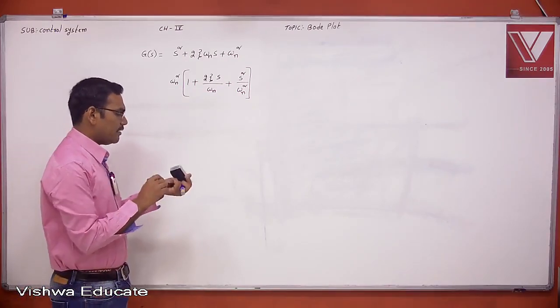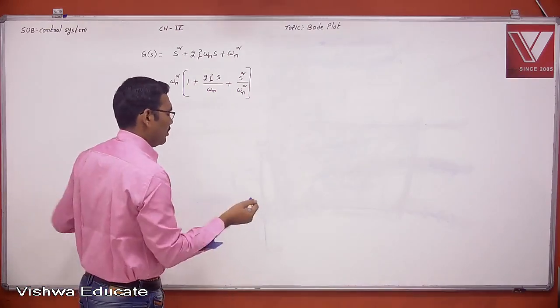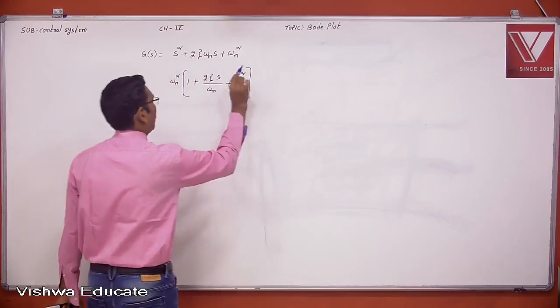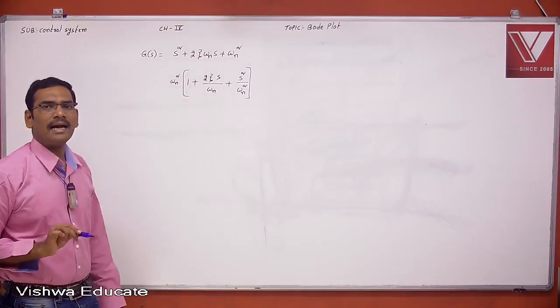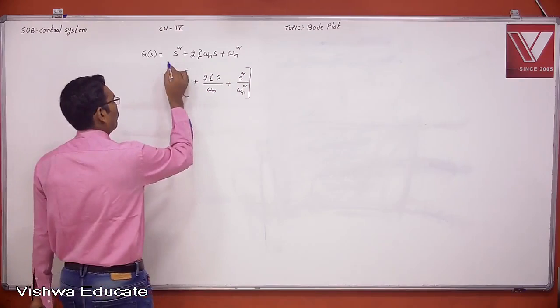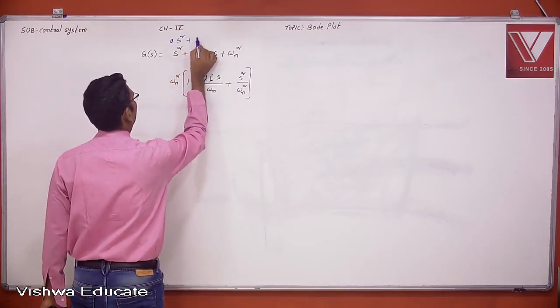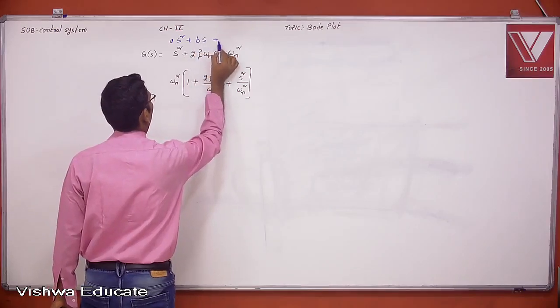But without doing the derivation, I'll try to give one simple shortcut method for finding the corner frequency for a polynomial of a s square plus b s plus c.